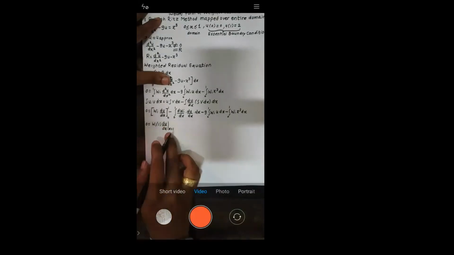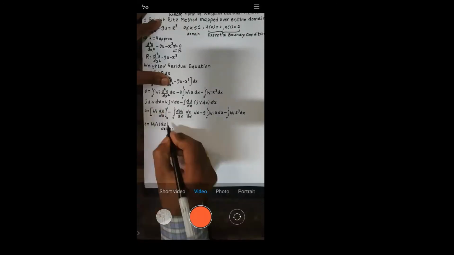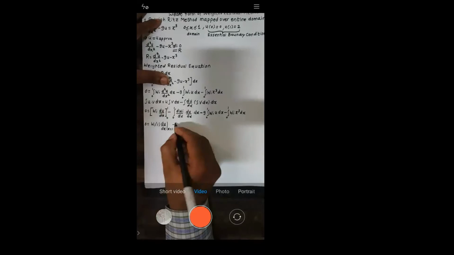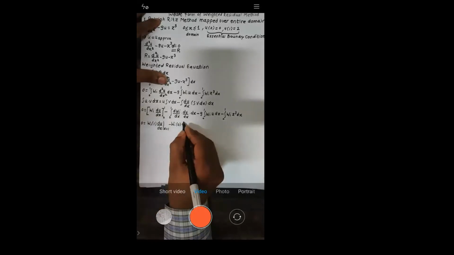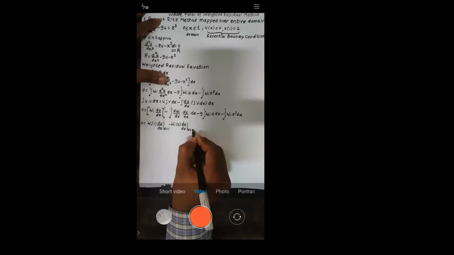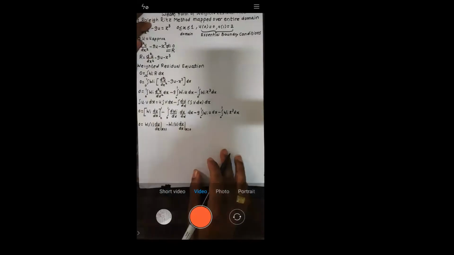Weight function at x is equal to 1 and du by dx at x is equal to 1, minus weight function at x is equal to 0, into du by dx at x is equal to 0. I'm giving the lower limit now. Is it okay? Yes or no? This when x is equal to 1 minus this when x is equal to 0. That is what is written, right?